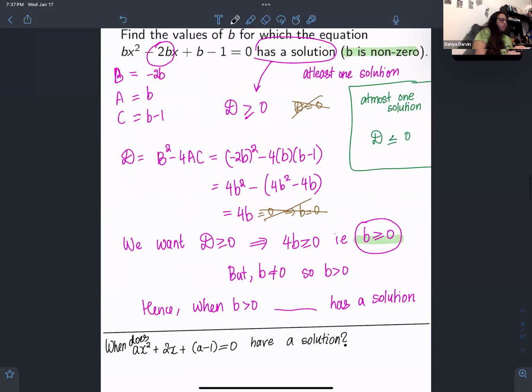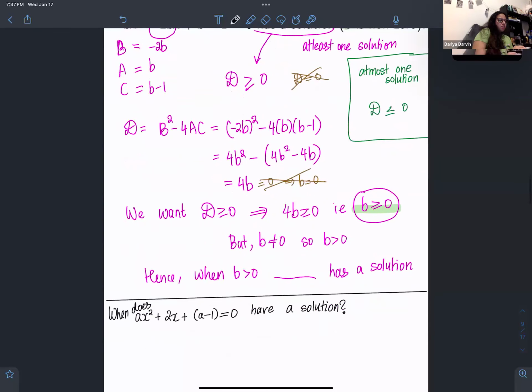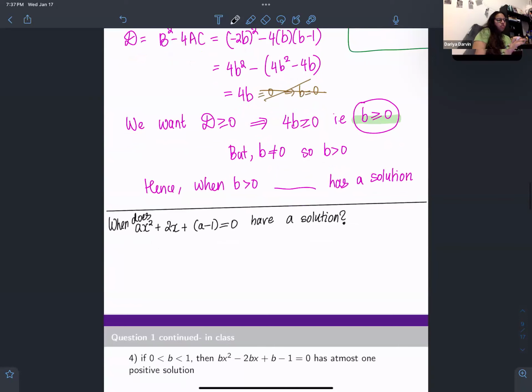Again, if you have any doubts in the one we just did, you can ask me. If not, we're not going to solve this. I just want to know your approach to this. What would you do in this?